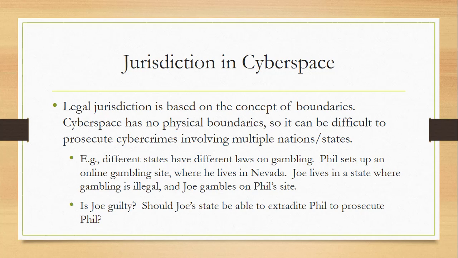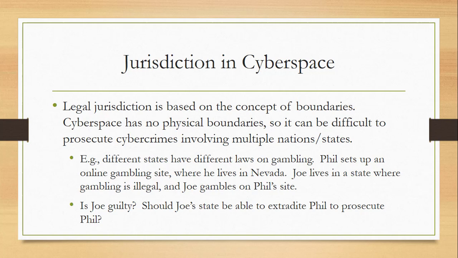So legal jurisdiction is based on the concept of boundaries. However, cyberspace, in a way, has no physical boundaries. You can, for example, be physically in one country, but commit a cyber crime that has long-lasting or far-reaching effects in different places and in different countries.